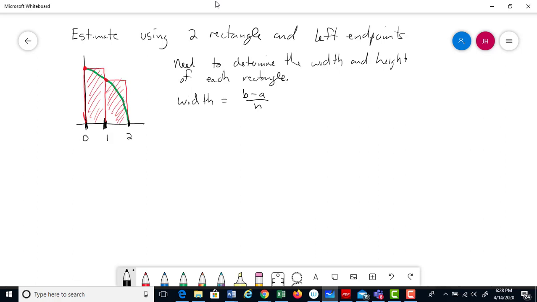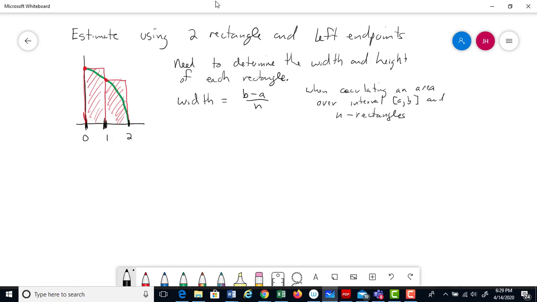where a is going to be the left part of the interval, the domain restriction, where we're starting. This is for calculating an area over the interval a to b with n rectangles.